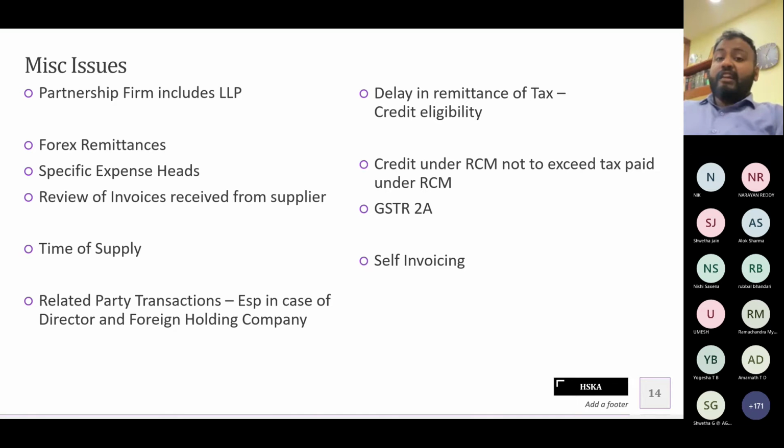Okay. Related party transactions, especially transactions with director and foreign companies, you may not even have agreed for a consideration, but transactions with related parties or distinct person does not require consideration. As long as there is a transaction, you are required to pay tax on the same. I am sure all of you, or at least majority of us, would have received notices on corporate guarantee, directorship services, director guarantee, intercompany loans.